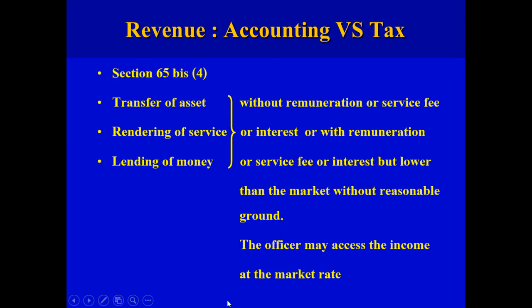If the business transaction has this and they do not charge remuneration, service fee, or interest without reasonable ground, or sometimes the transaction is charged but the charge is lower than the market price, and the lower price cannot be explained by a reasonable ground, in this case the law says the tax officer is authorized to assess the income at the market rate when they find this in the investigation.